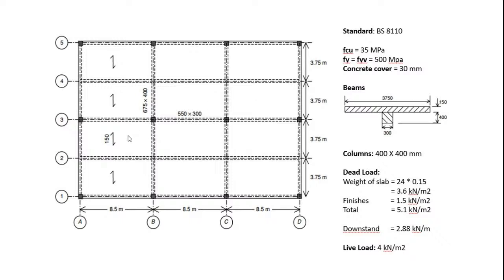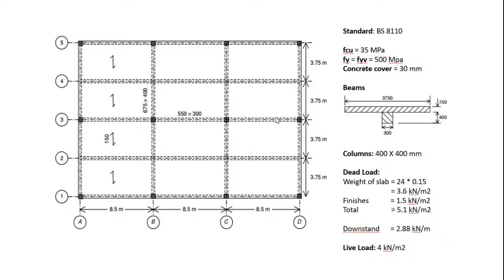These are one-way spanning slabs, not two-way, so their loads are given just in this direction. These slabs here are supported by these beams and these beams. This other slab here is supported by these beams and these beams, and so on. Those are the beams that will be loaded. Obviously, the most loaded beams will be the ones in the middle here. So we shall just use this beam here, 3AD, and this will be our beam of reference for this particular session.